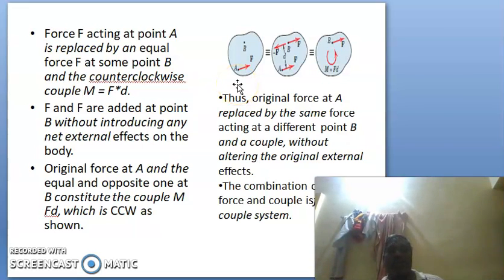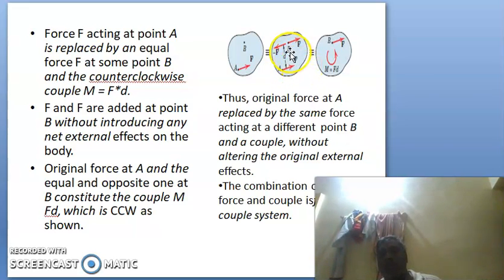With the figure shown in A, which is also available in the middle portion of the figure, at point A there is a force available.